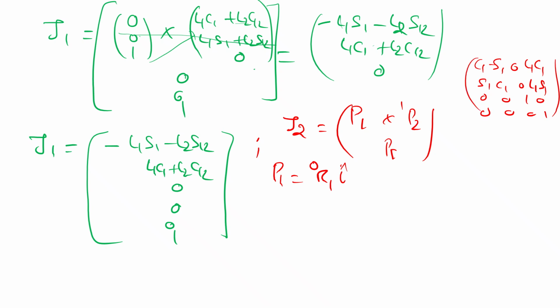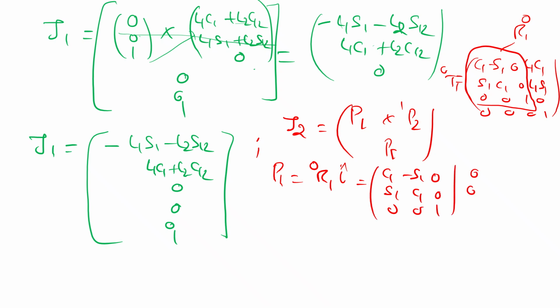In this, your R is this, and this is called R10 because T10 is this. That should be multiplied by the unit vector, C1 minus S1 0, S1 C1 0, 0 0 1. So what is the answer you will get? 0 0 1.